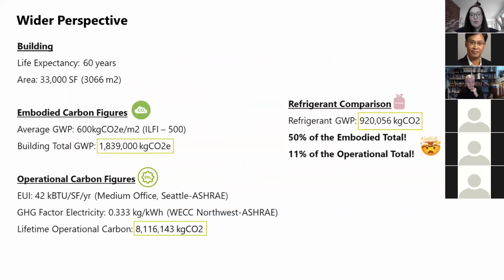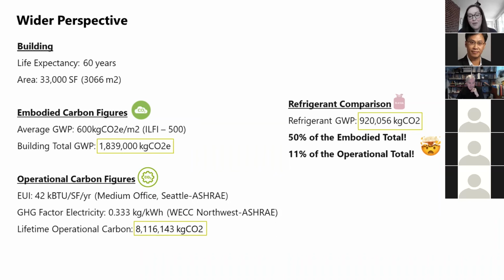If we blow this out to an even wider perspective here, we're looking at a building life expectancy of 60 years, again about 33,000 square feet. If we convert that to meters, it's about a factor of 10, but 3,000 square meters. If we look at the average amount of embodied carbon expected for a building of that size, it's about 600 kg CO2 per square meter.